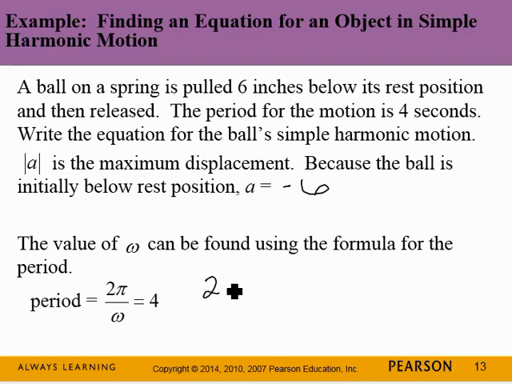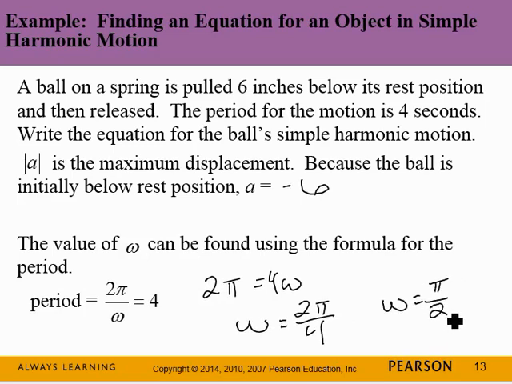So you have 2 pi equals 4w, and then w equals 2 pi divided by 4, which is pi over 2 if you simplify it. So now you have all the pieces to plug into your equation.